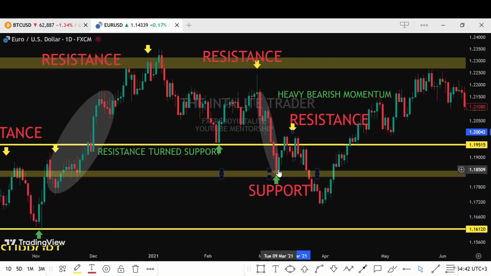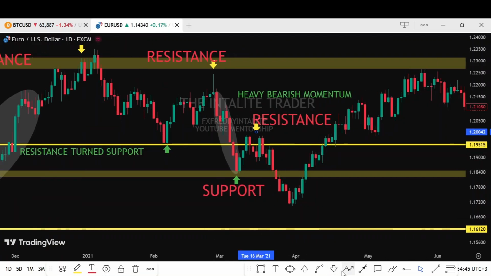Why? Because we would expect this price to trade from here to go higher, but instead it finds this resistance level and it continues to sell lower.